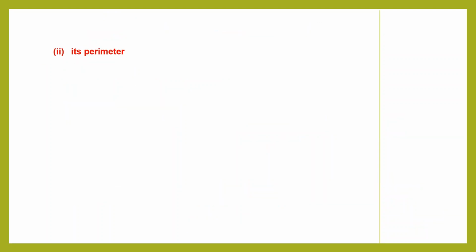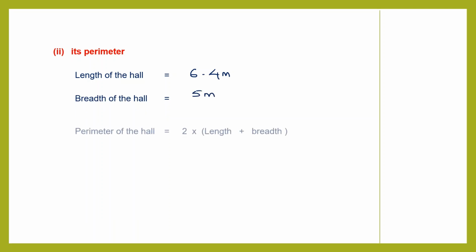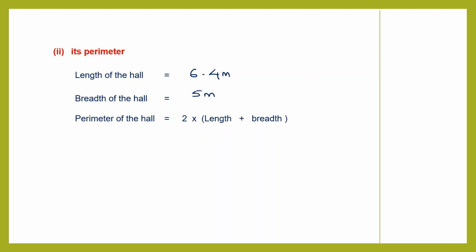Now we have to find its perimeter. The length of the hall we found out to be 6.4 meters. The breadth of the hall is given to us as 5 meters. And the formula for the perimeter of the hall is 2 into (length plus breadth), which is 2 into (6.4 meters plus 5 meters). Now let's add up 6.4 and 5.